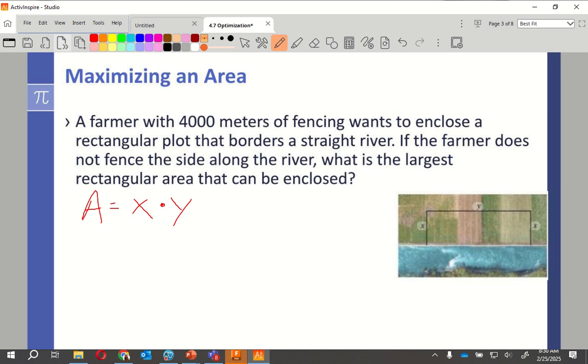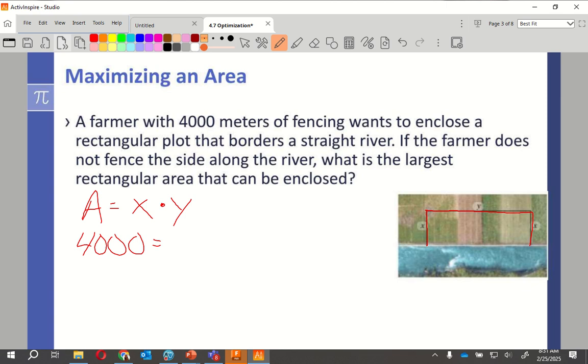So all I have is 400 meters of fencing. So with that 400 meters of fencing, or I'm sorry, 4,000 meters, I know that my sides must include this one here, that's x, plus y, plus x. Those three things together.